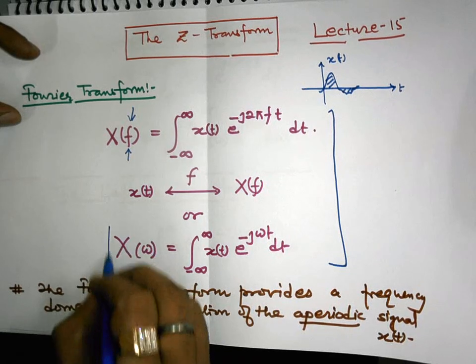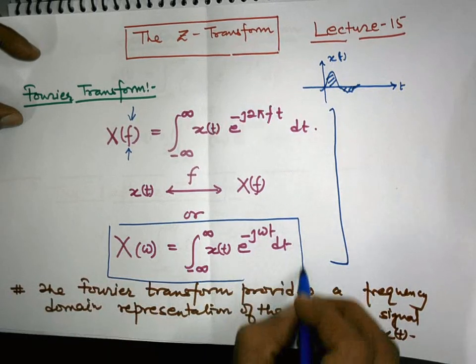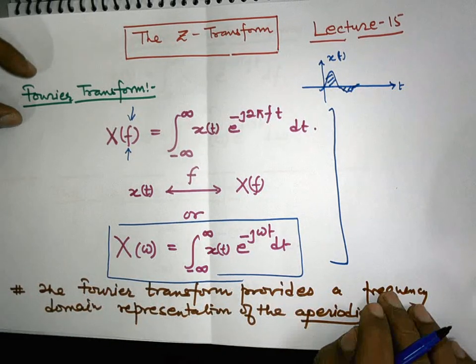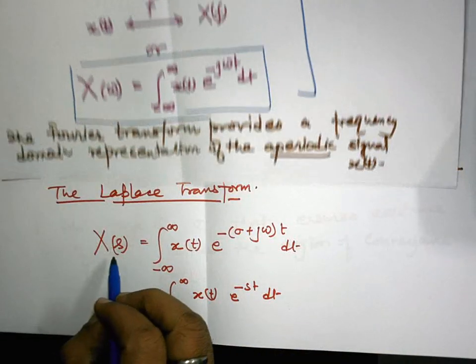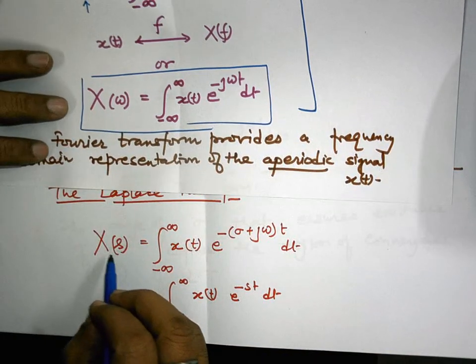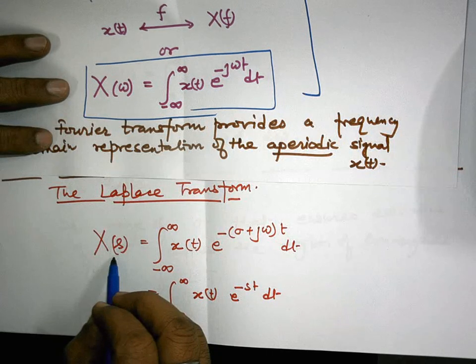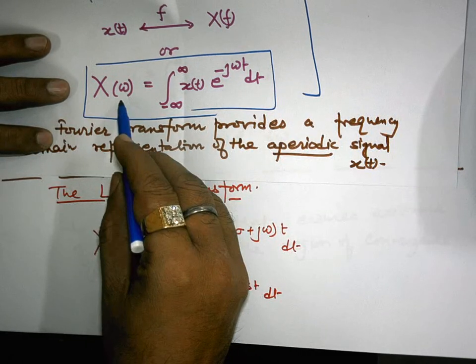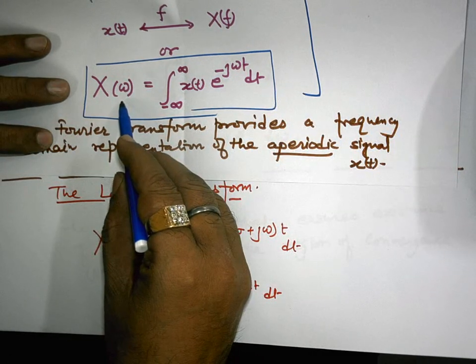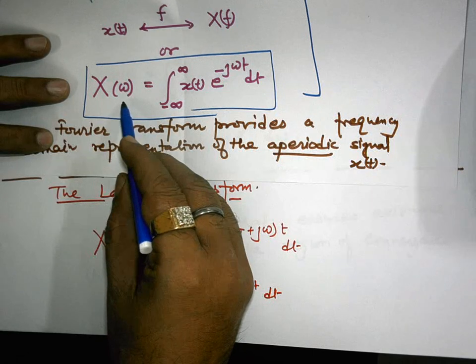Now the generalized form, if you see X(omega) over here, and you remember what is coming in this expression, and if you see X(s) in Laplace transform, this is the expression for Laplace transform. Here it is X(omega), or you can say X(j omega).